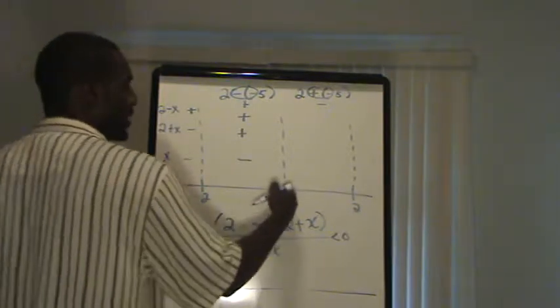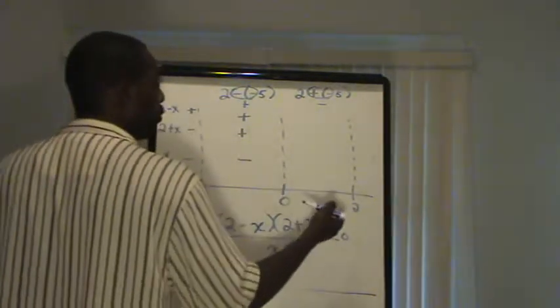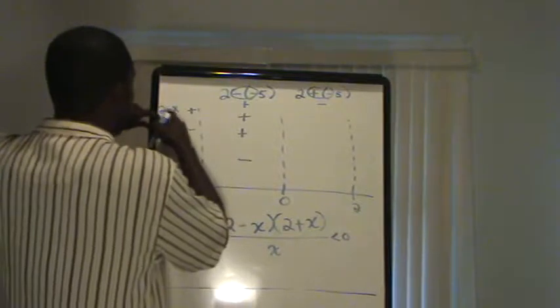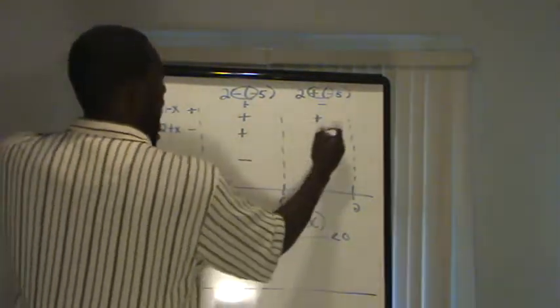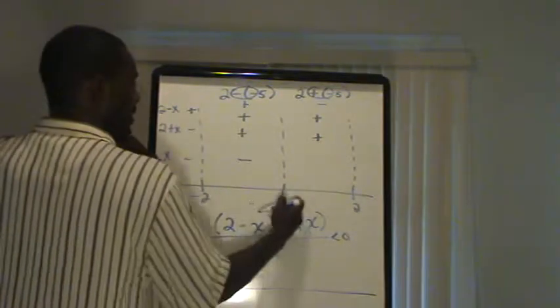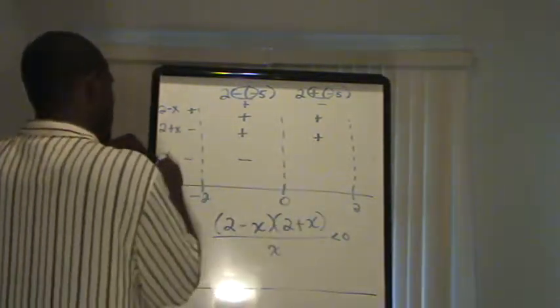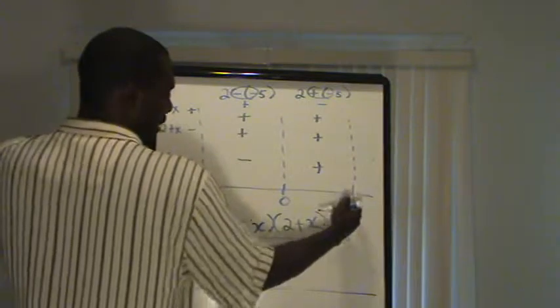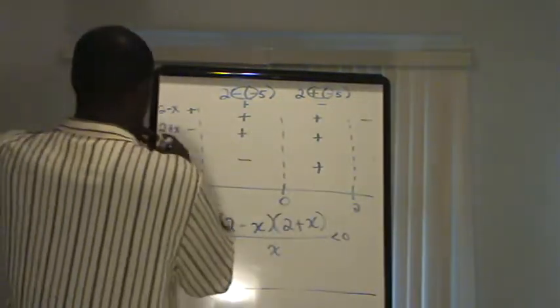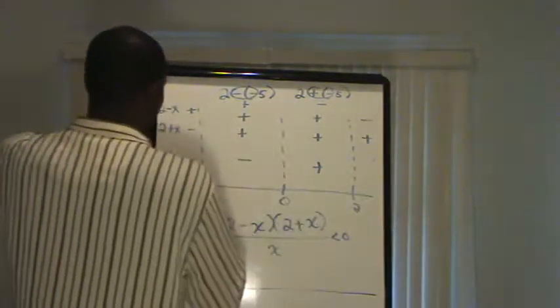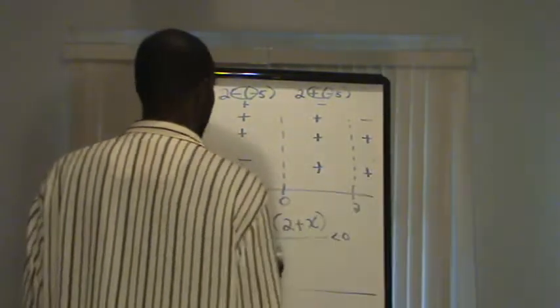Between 0 and 2, like 1: 2 minus 1 is positive, 2 plus 1 is positive, and x is positive. To the right of 2, like 5: 2 minus 5 is negative, 2 plus 5 is positive, and 5 is a positive number.